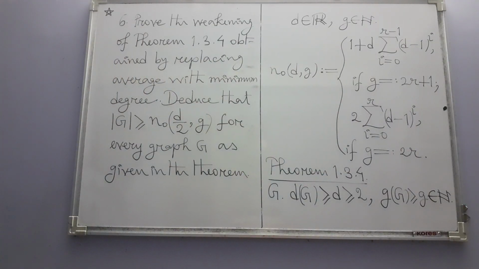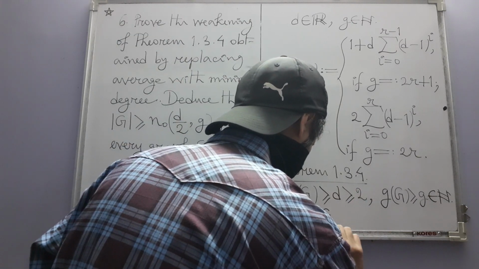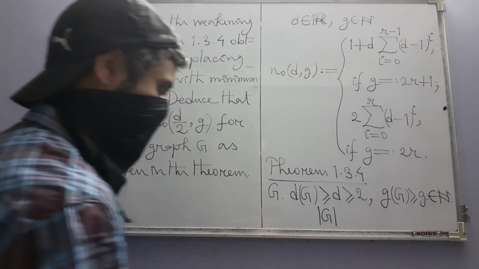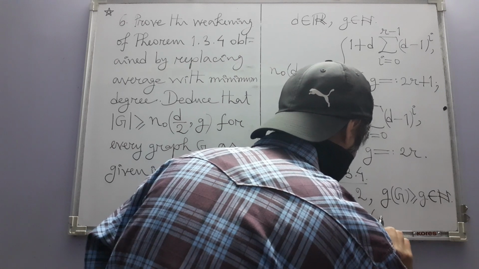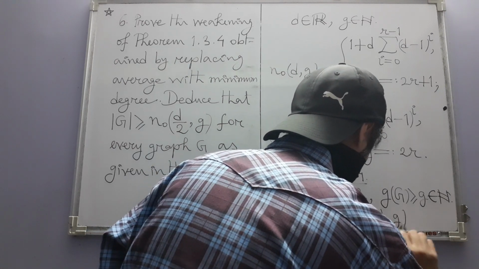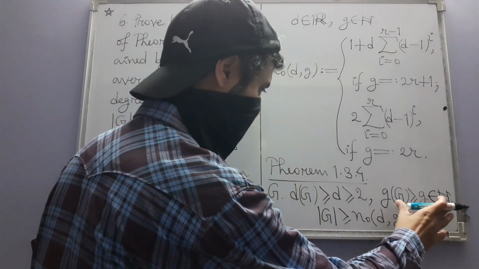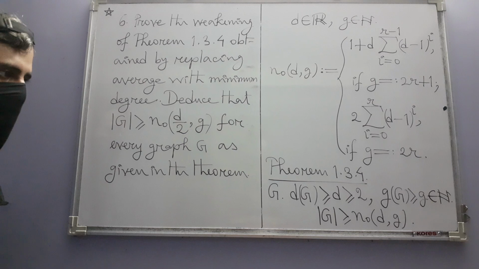If these conditions are given, then the order of G, the number of vertices in G, should be at least n naught of D, G. So in order to state this bound, we have the definition.